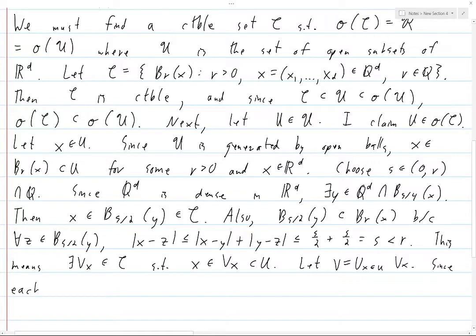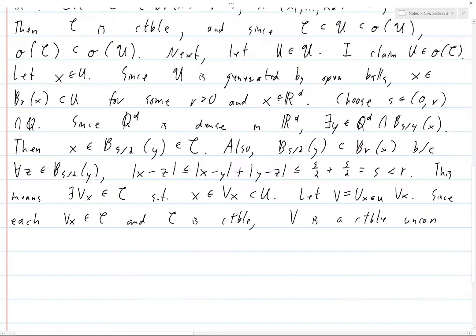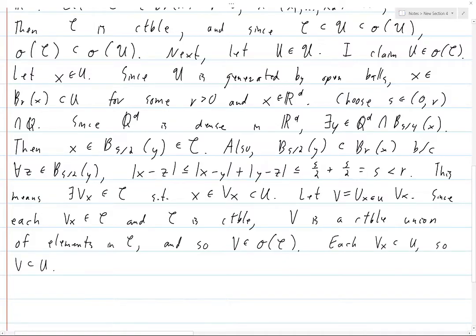Since each V_x is in C, and C is countable, V is a countable union of elements in C, and so V is in fact an element of the sigma field generated by C. Now each V_x is contained in U, so V must be contained in U. X is contained in V_x, which is a subset of V, for all X in U, so U is contained in V.